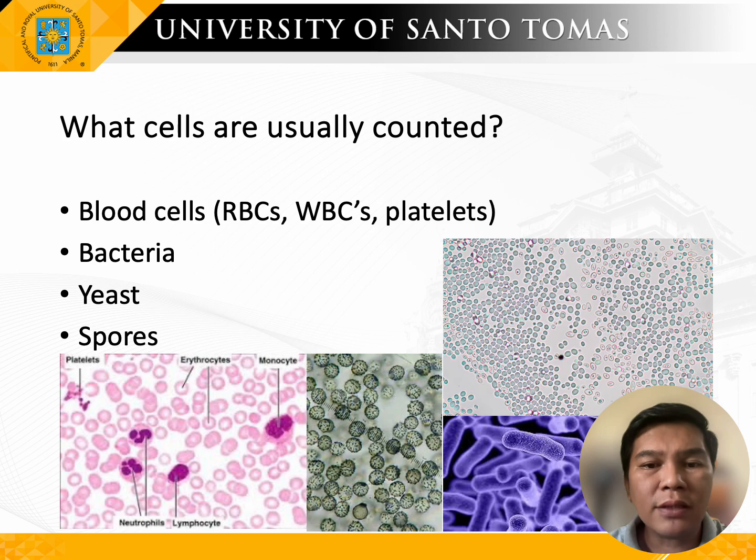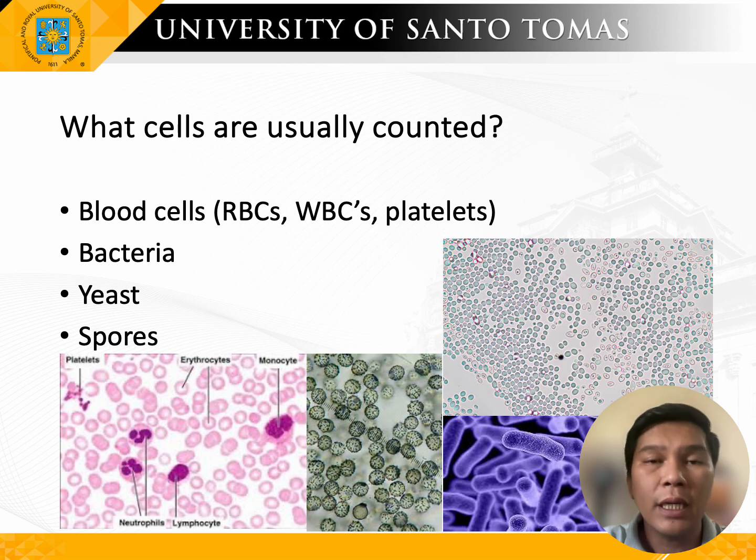For the cells that are usually counted using a haemocytometer, we have of course the blood cells, which include the red blood cells or the erythrocytes, the white blood cells, which include the monocyte, the lymphocyte, and of course the neutrophils, and your platelets, which are the thrombocytes. Aside from that, we also have bacteria in the laboratory. You usually count the number of E. coli.